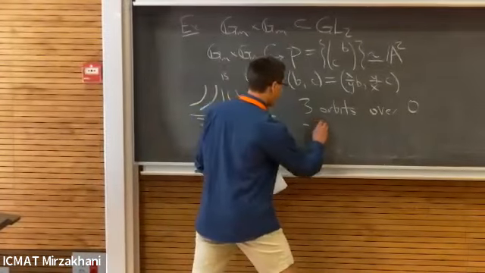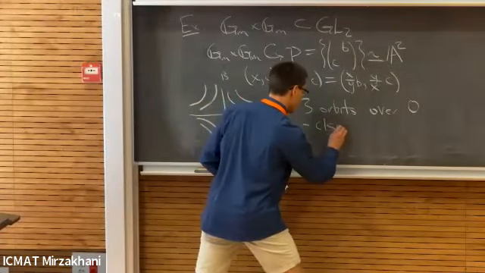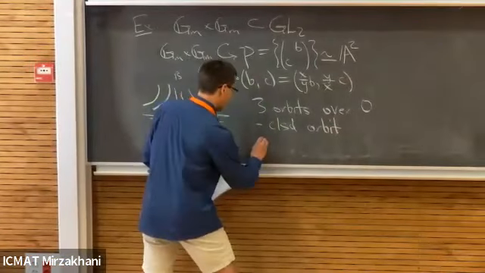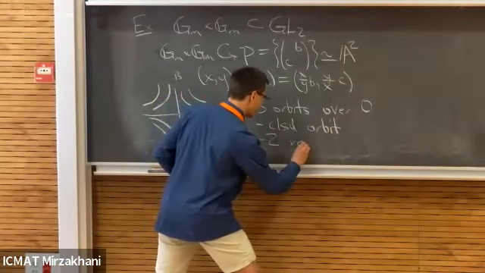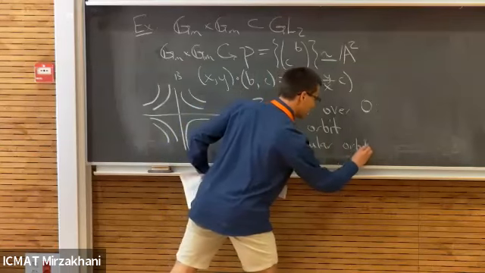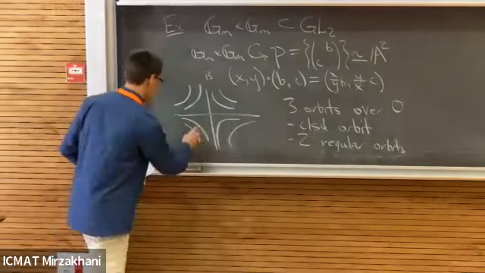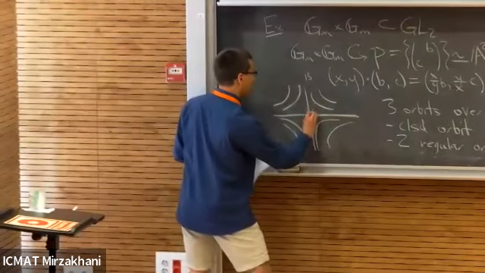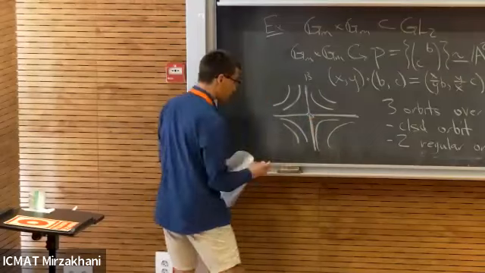One will be the closed orbit, and then I will have two regular orbits given by each of the coordinate axes. So I have one regular orbit here, the closed orbit here, and then another regular orbit here.